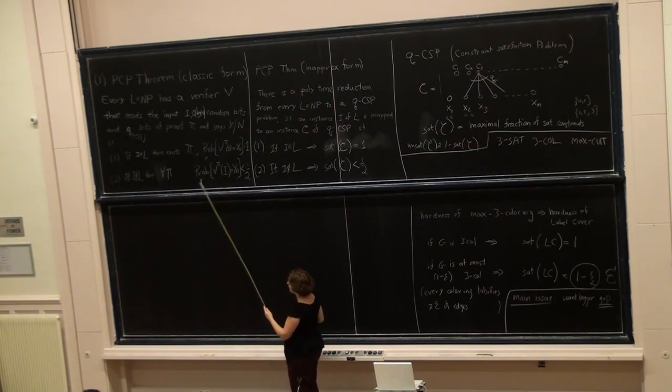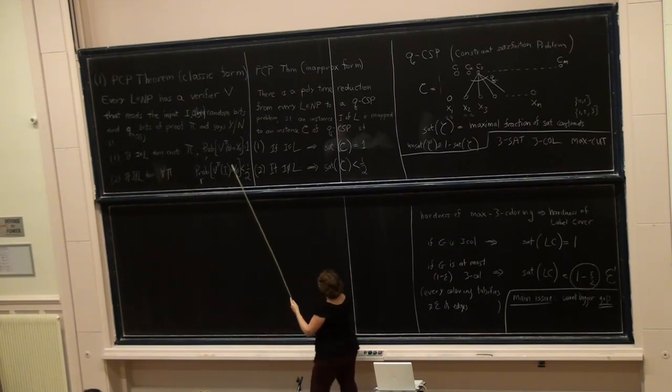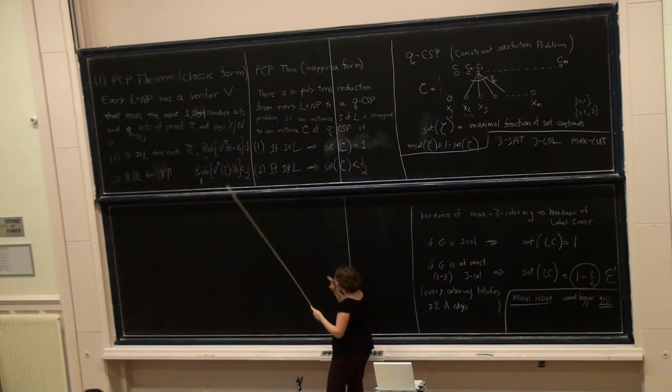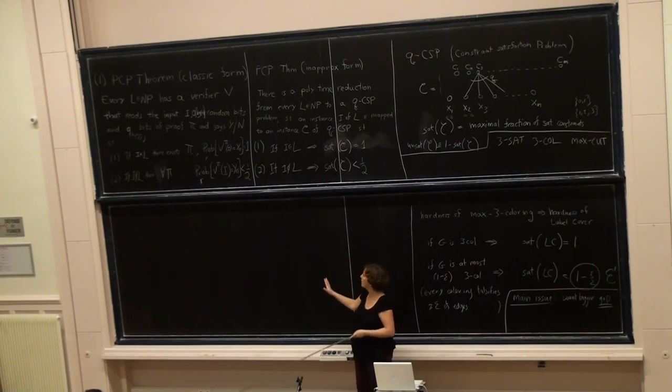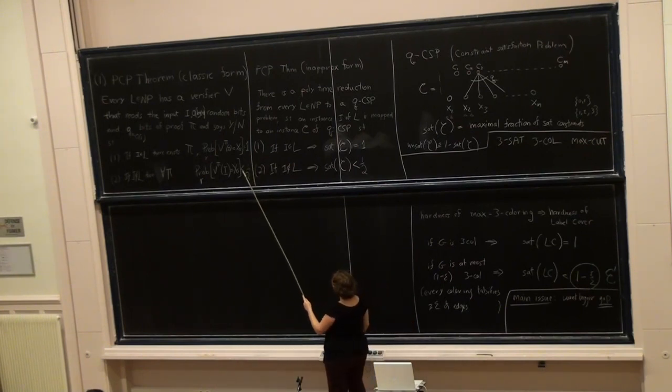So here it says, if something is false, it shouldn't have a proof. It's a contrapositive thing. So the completeness one, let's just keep it for now. 1 or 1 minus epsilon is fine. The soundness is what we want to make go down.